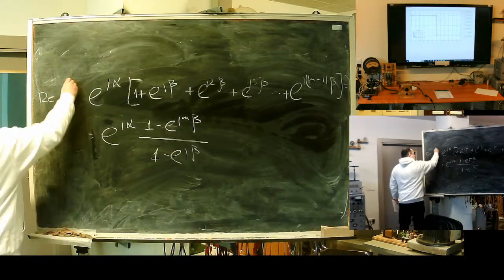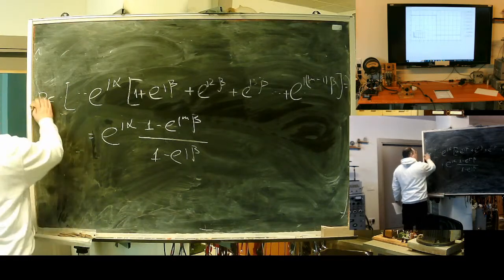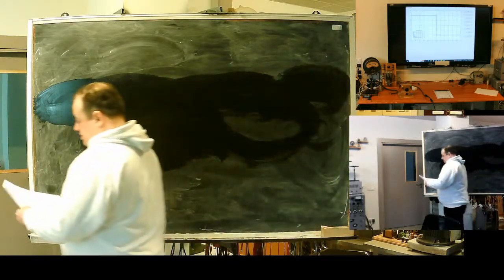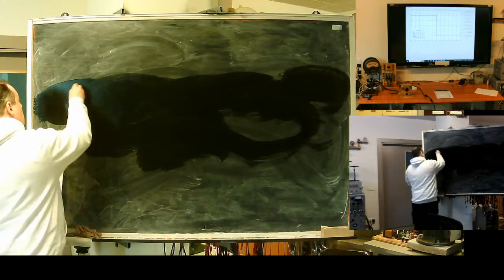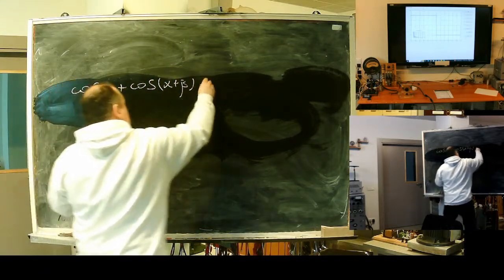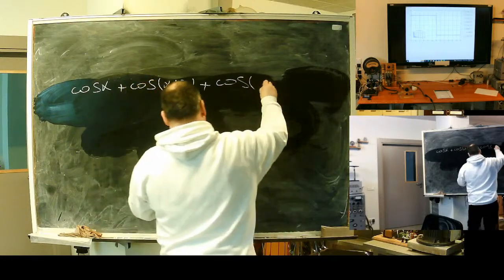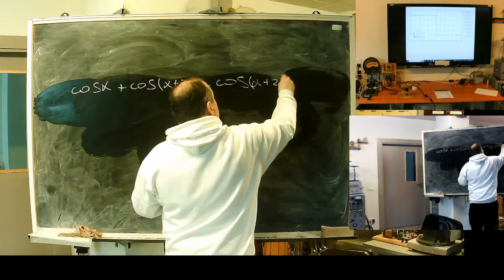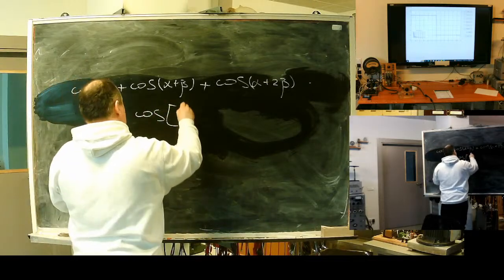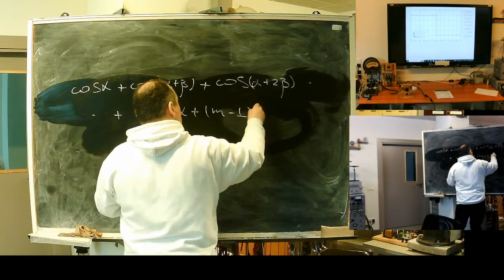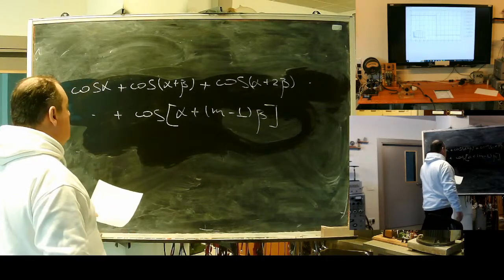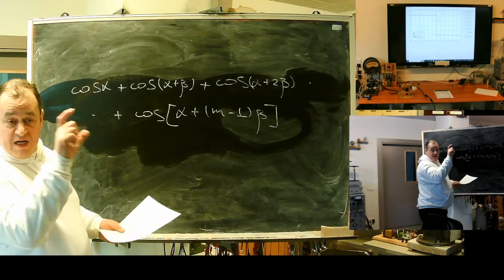The real part of this sum will give us cosine alpha plus cosine (alpha plus beta) plus cosine (alpha plus 2 beta) and so on, plus cosine of (alpha plus (m minus 1) beta). This is the real part of this progression.